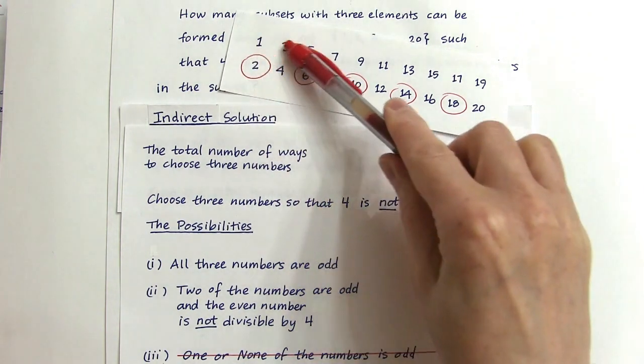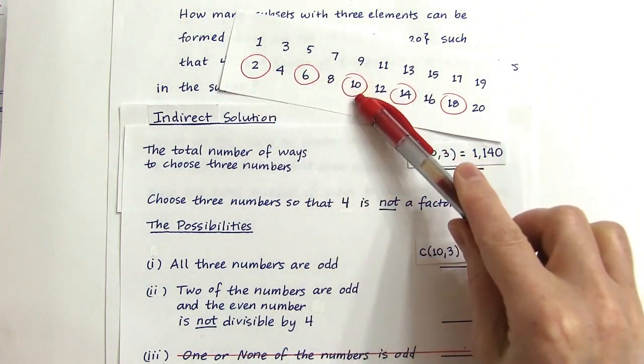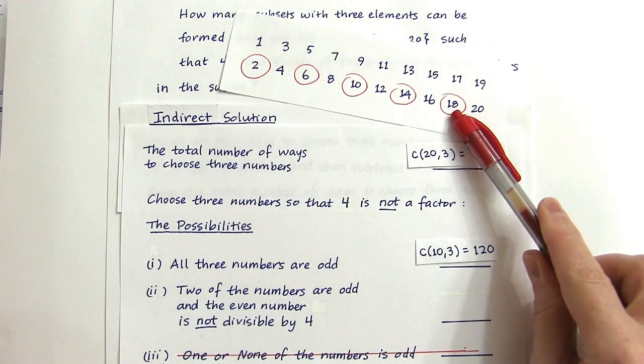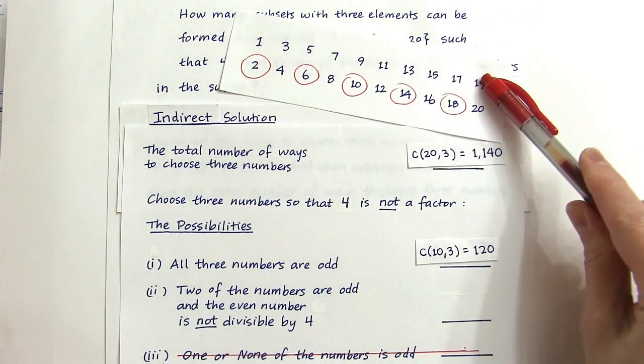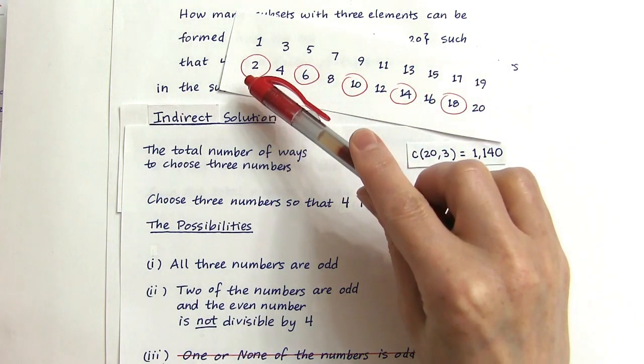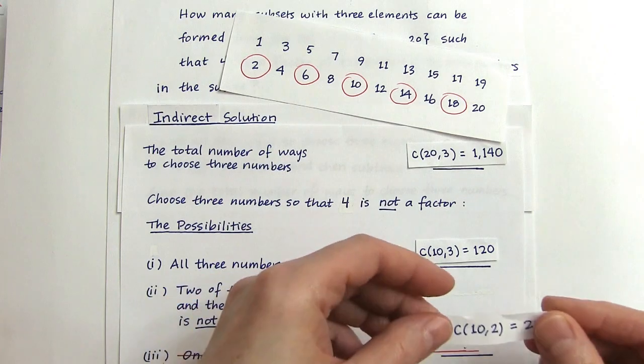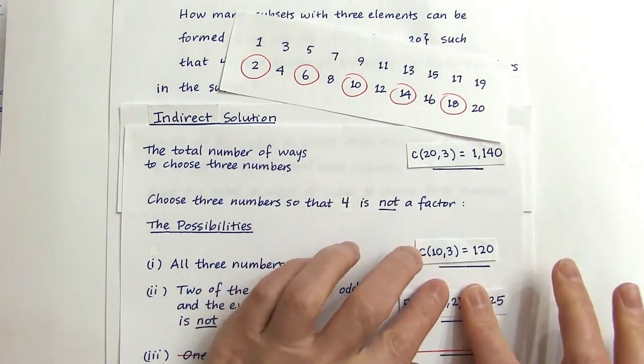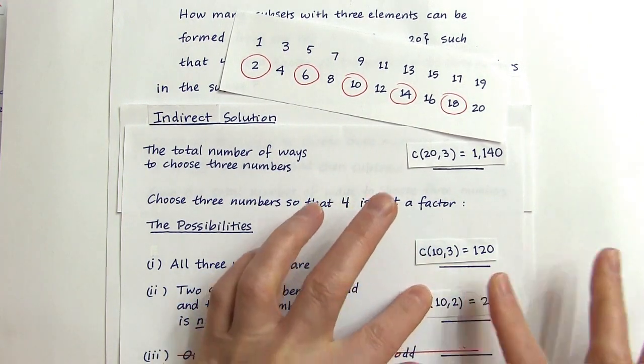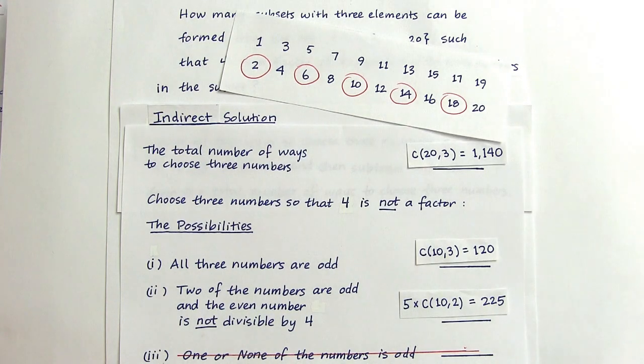So we want two odds, and one of these even numbers which I've circled. So that's 10 choose 2 times 5 choose 1, or 5 times 10 choose 2, and we worked out that result similar to example 6. The answer is 225.